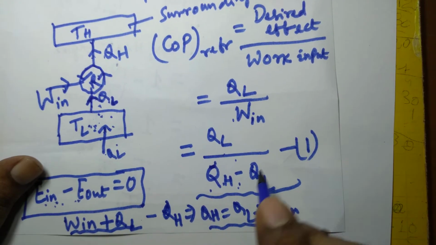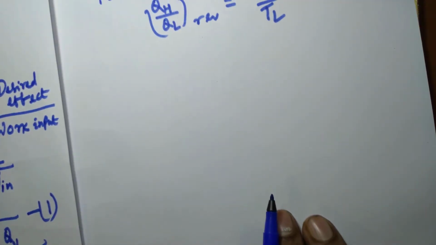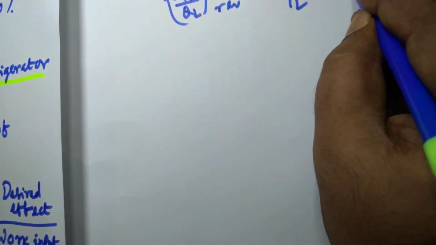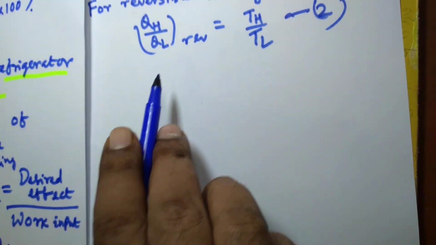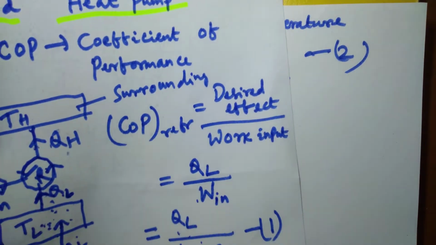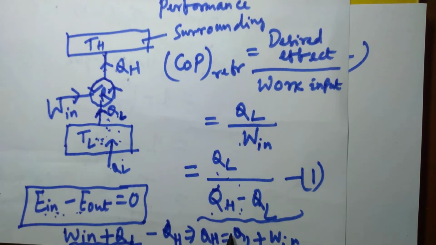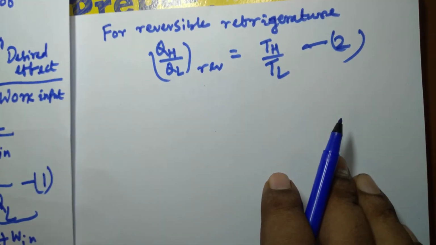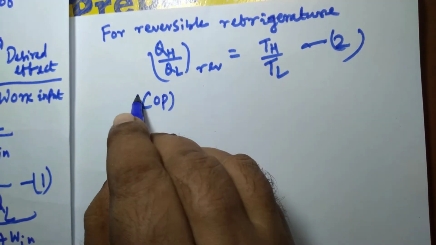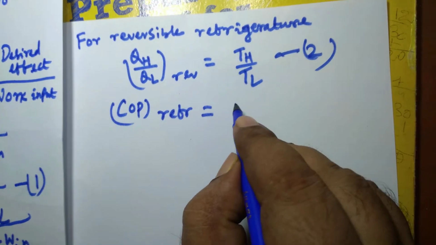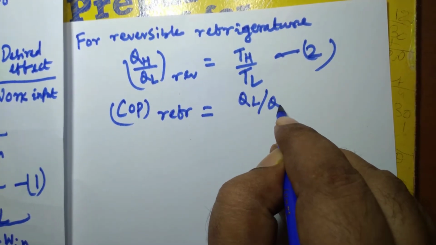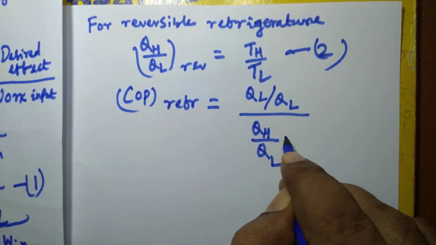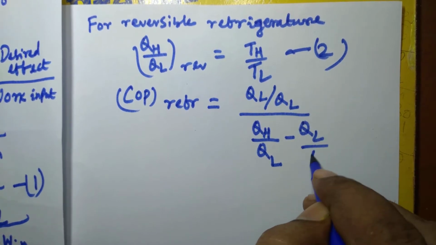But if it is reversible, I can also express equation 1 like this. This is equation 2: QH by QL is equal to TH by TL if it is a reversible process. I will simplify equation 1 further by dividing both numerator and denominator by QL. So the COP of the refrigerator will be QL divided by QL over QH by QL minus QL by QL.